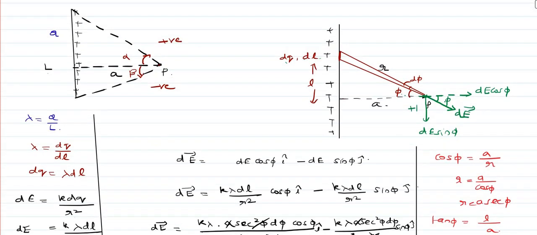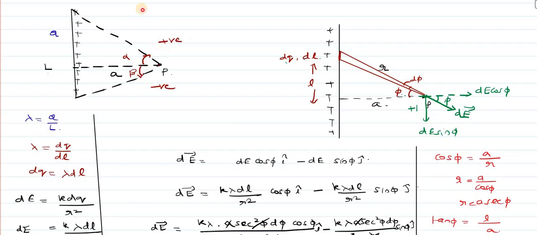As I mentioned, come back here. See, the phi can vary between what? If you go this way, it is alpha, correct? If you come this way, it is beta. If you measure it anti-clockwise, I have taken it as negative; clockwise, I have taken it as positive.